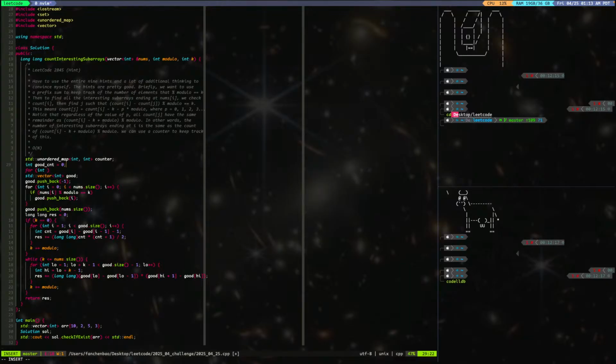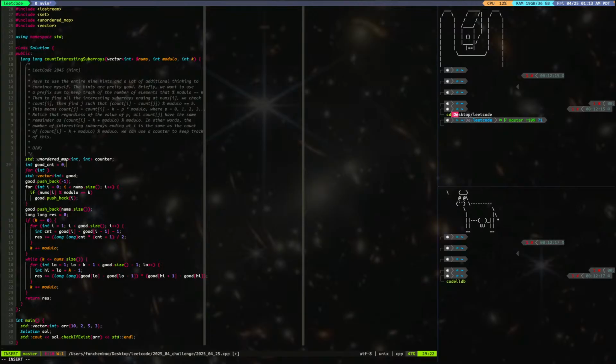That's the good count. After we get the current one, we go to the counter and try to retrieve it, and it will be like 0 or whatever, doesn't matter.